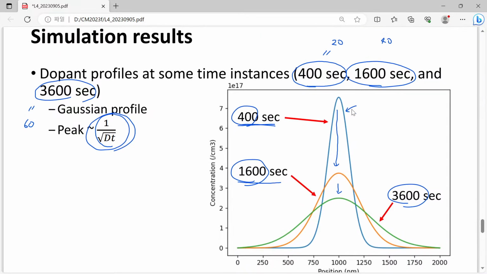So we will find that when this is the reference, this is just half of it and this is just 1/3 of it. Please check my suggestion by using your own simulation result.